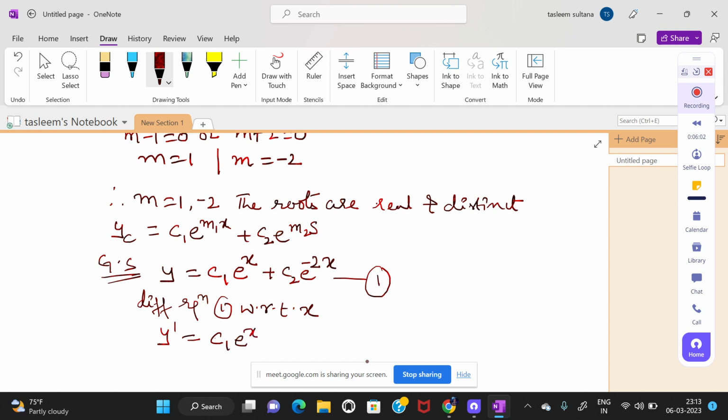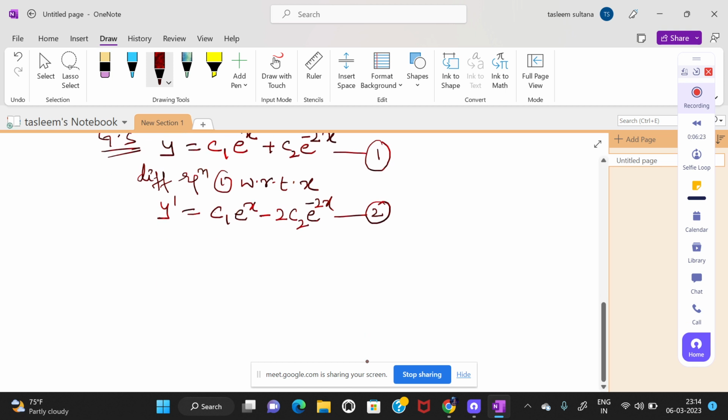Where c2 is a constant, e to the power of minus 2x is there. That differentiation is equals to minus 2 e to the power of minus 2x. So we can write minus 2 into c2 e to the power of minus 2x. Make this your equation number 2.